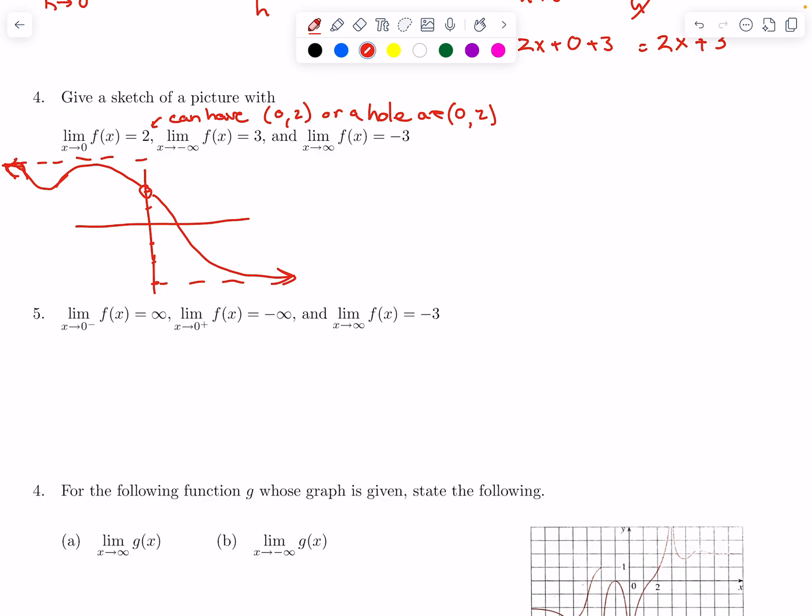Let's see. What does this say? It says, as x approaches 0 from the left, we want to go up on the left side, and on the right side, apparently this one wants to go down.